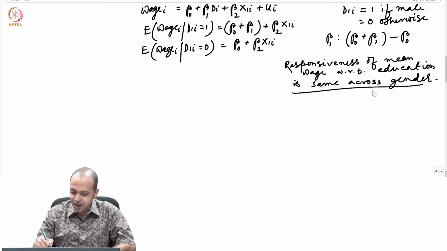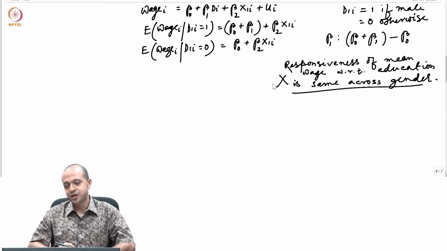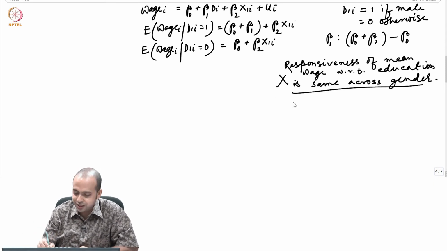Now, suppose I am relaxing this assumption and I am saying that the responsiveness of mean wage with respect to education is different across gender. Okay?